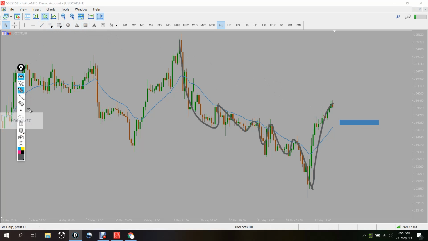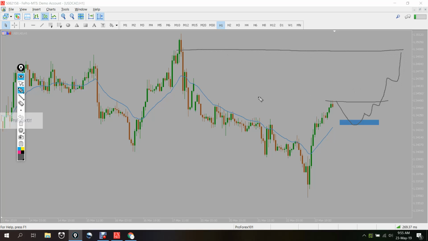Let me get my pen back out. Once we retrace and then start turning around, we want to be getting in. The initial target is going to be this here. So it'll do something like this. If it breaks through, great, it'll continue to go long, and then we'll be targeting these areas here, this supply.